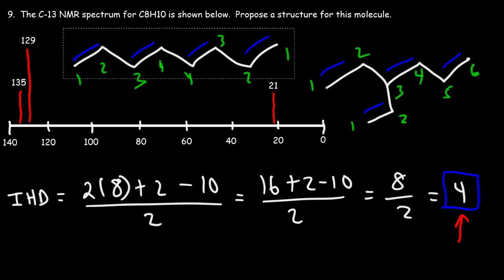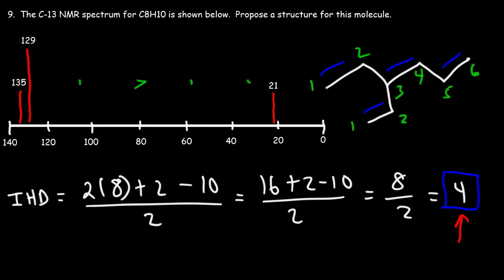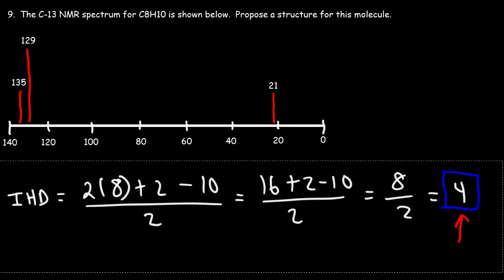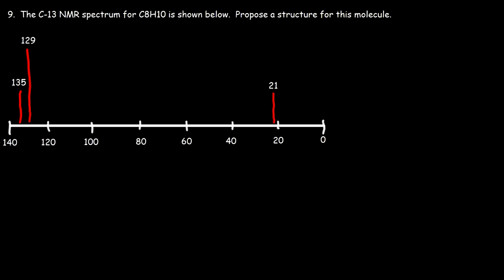Now we could have some double bonds and a ring. That's another possibility. For instance, we could have a ring and 2 double bonds, and perhaps another double bond outside of the ring. So right now we have a total of 7 carbons. We need 1 more.